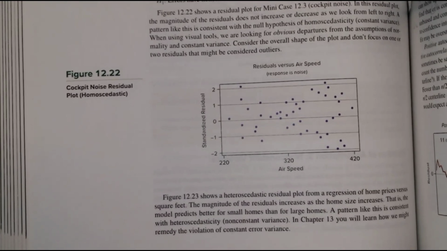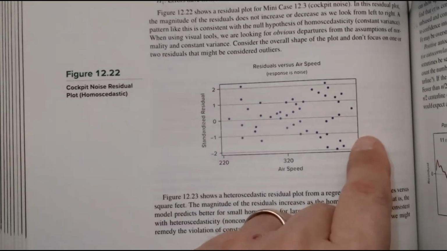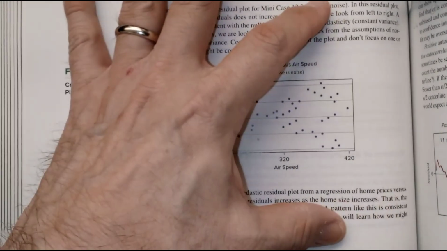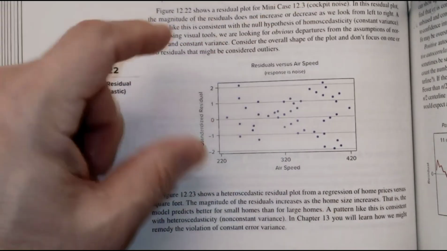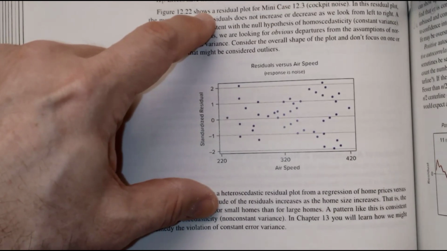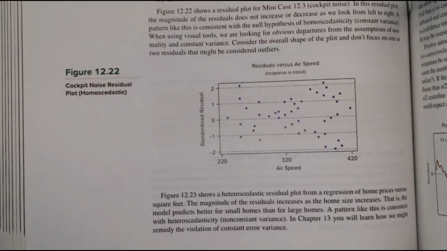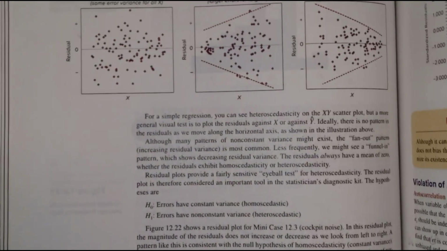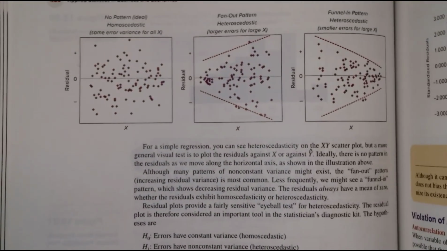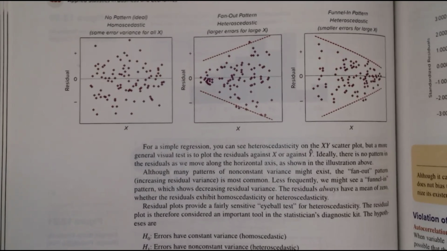If there was a trend where higher airspeed caused more variation and lower airspeed caused less, or vice versa, lower airspeed caused more variation and higher airspeed caused less, then I would expect the pictures to look different. Here are three different made-up scatter plots. They're not related to our problem at all.